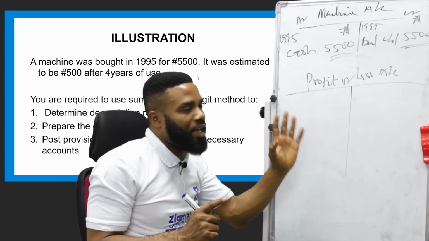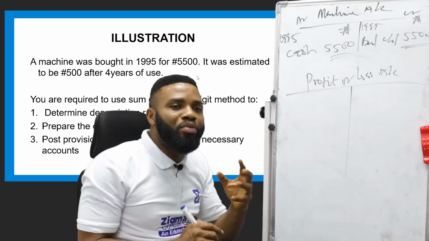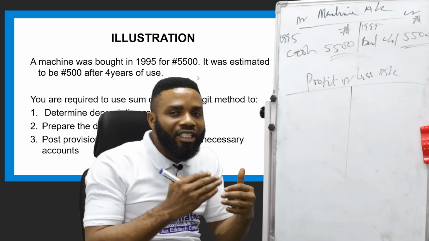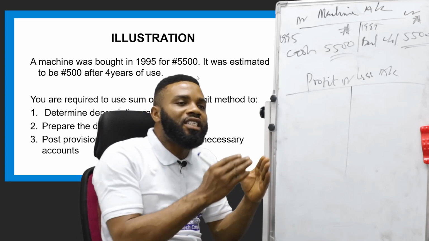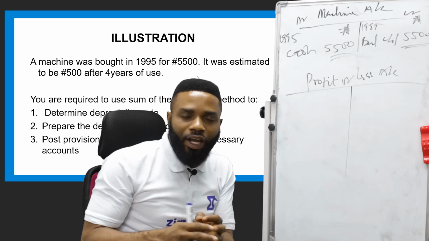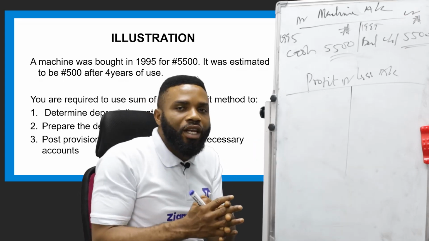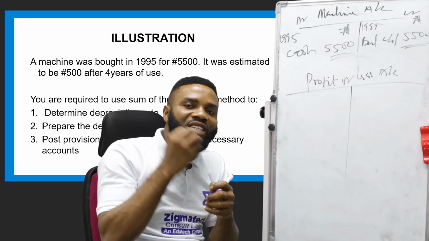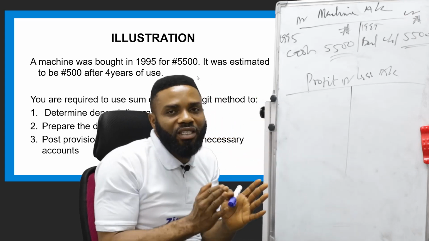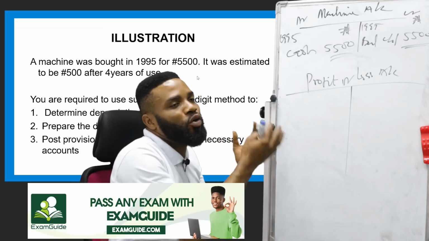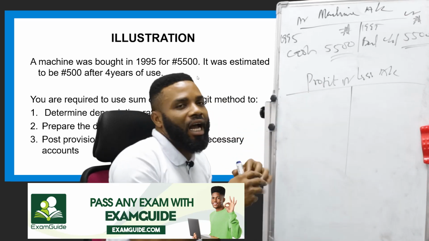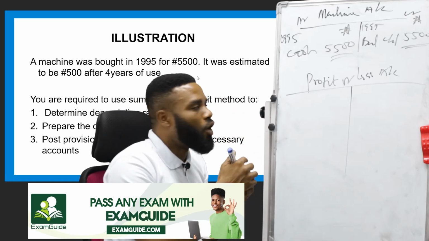The expenses involved depend on the nature or type of business. What is obtainable in a manufacturing company is different from what is obtainable in a construction company, and so on. But for the sake of what we are doing, depreciation is just a part of the expenses of a business. That is why it looks like only depreciation will be lined up here, but in the real sense, the profit or loss account encompasses all the expenses under review.